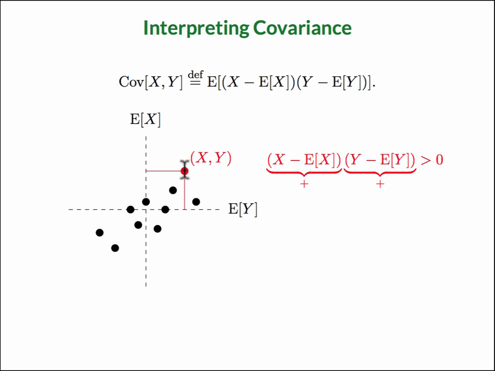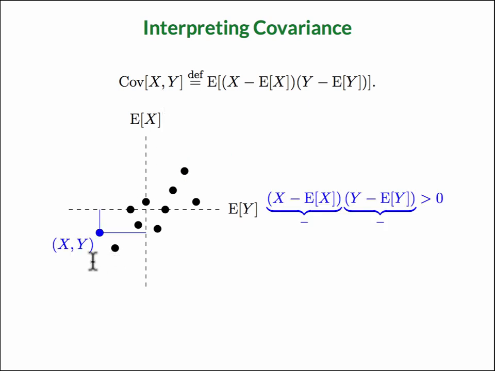This outcome has an x value which is above the mean for X, and a y value which is above the mean for Y. If we calculate (X minus E of X) times (Y minus E of Y), both terms will be positive. A positive number times a positive number will be positive. So this outcome will contribute a positive value to this expected value. And in fact, every point in this upper right quadrant will contribute a positive value to the covariance.